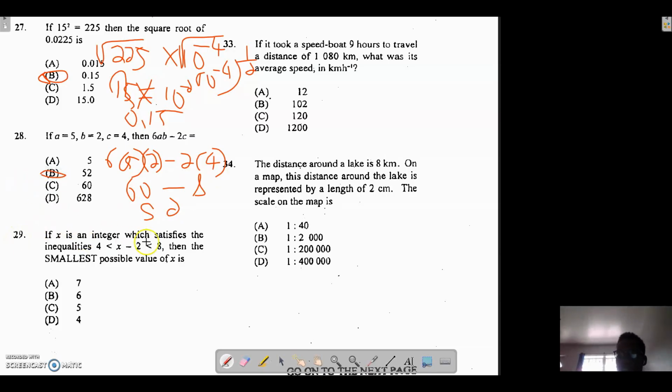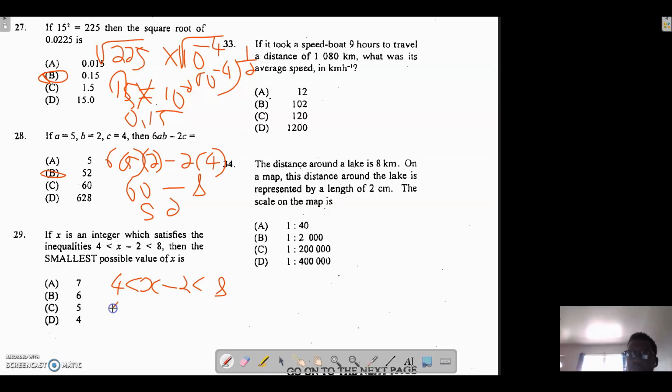29. If x is an integer which satisfies the inequality, then the smallest possible value of x is. Now integers, bear in mind, represent a set of negative and positive numbers. Here you have an inequality that says x minus 2 is greater than 4 but less than 8. So you have to solve from the middle. We have to add 2 to all of it.